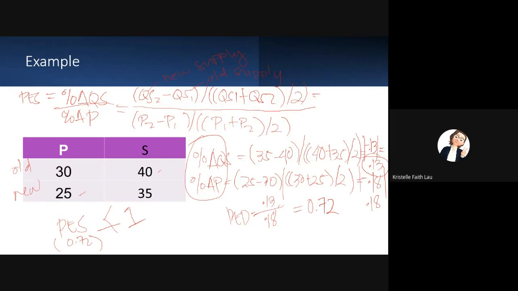So, sa interpretation for the PES, if ang PES is greater than 1, so ang supply natin is elastic. Elastic siya if mas taas ang porsyento sa pagbago sa quantity supply versus sa porsyento sa pagbago sa presyo. Mga sample nga produkto diri kay kanang produkto nga dali lang mahimo.